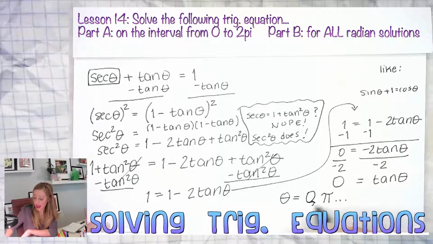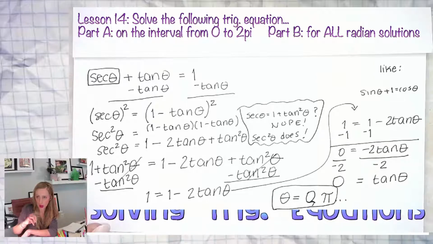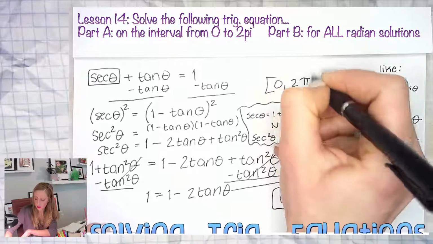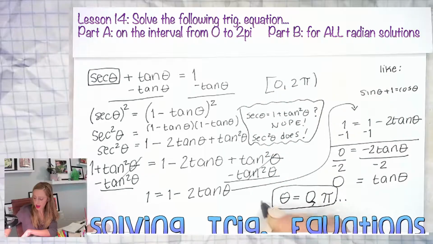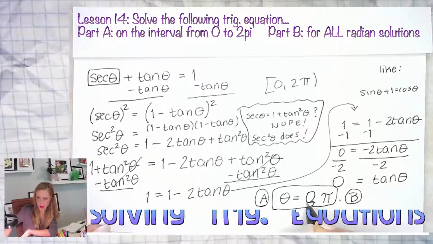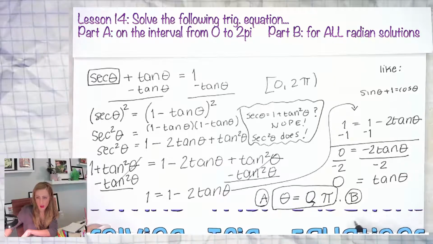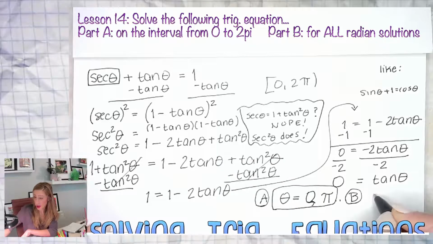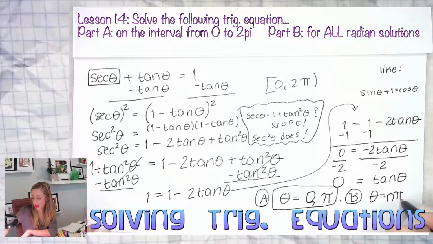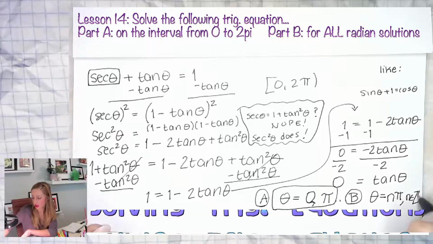So part A, between 0 and 2 pi, we only include normally, just so we're clear on this, it's like this in our directions. We don't include 2 pi. That's part A. Part B, I want every answer that lands at 0, at pi, at 2 pi, at 3 pi, at 4 pi. What we could really write as a shortcut is theta equals n pi, n is an element in the set of integers.